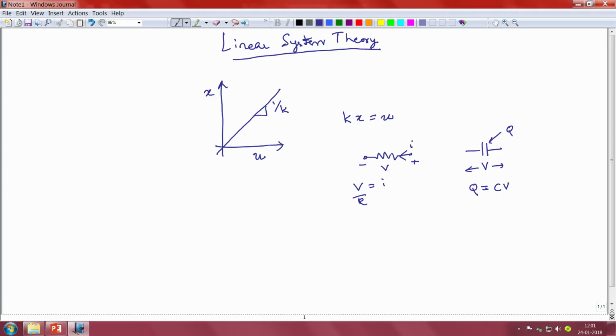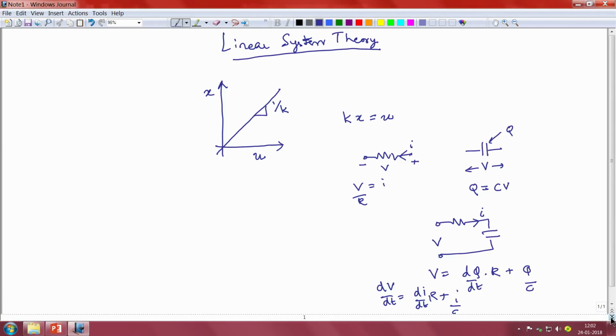For instance, if you take the two examples that I have considered here, namely a resistor and a capacitor, and you were to connect them in series, so I have a resistor in series with a capacitor and I apply some voltage V across them, and I assume that the current through this series combination is what would be the output, then I can show that the input output relationship would look something like V is equal to dq by dt times R plus Q by C, or equivalently dV by dt is equal to di by dt times R plus I by C.